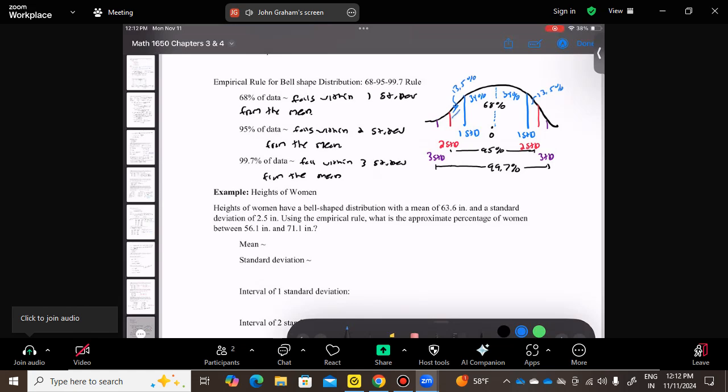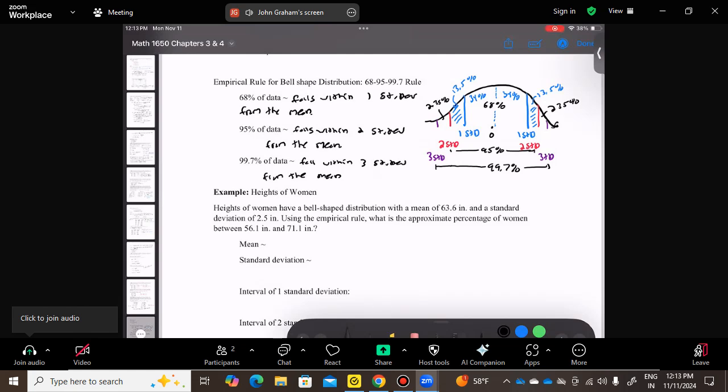I'm going to do this. And then if we go farther than that out, we're looking at 99.7 minus the 95 is about 4.7%. And so half of that would be 2.35% here, 2.35% here, and in the last region we have 0.3 left over.